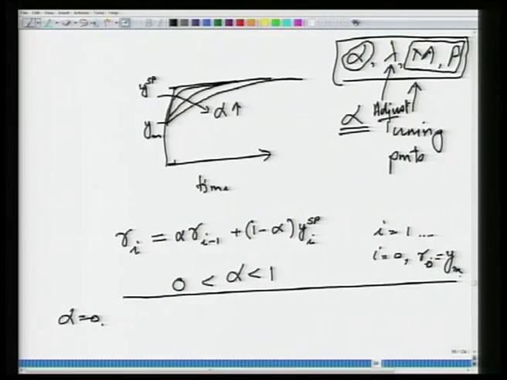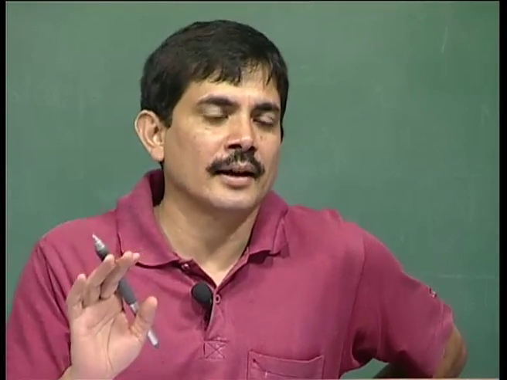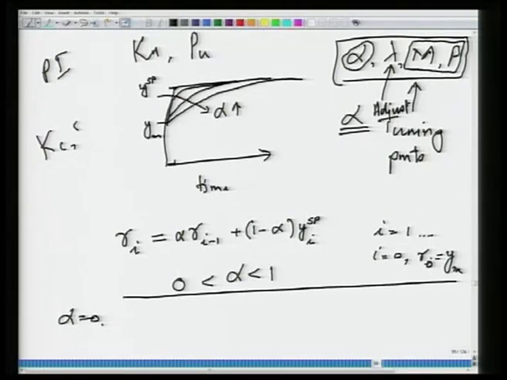The problem, I would not call it a problem, is that even though model predictive controllers have existed for so many years, how do you choose reasonable values of alpha, lambda, m and p? You see, if you have a PI controller, things are very simple: get the ultimate gain, get the ultimate period, and then you have your Ziegler-Nichols tuning table or a Tyreus-Luyben tuning table, and that tells you reasonable values for Kc, tau I and tau d.